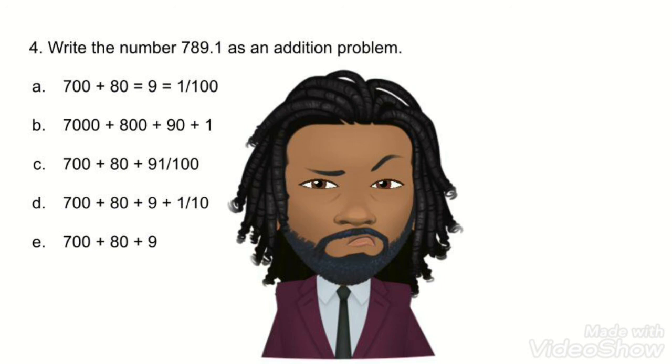Answer A says plus 1/100, or 0.01. 1/100 is 0.01, 1 out of 100. 1 out of 100 cents would only have 1 cent, right? So we would write 1 cent as 0.01.